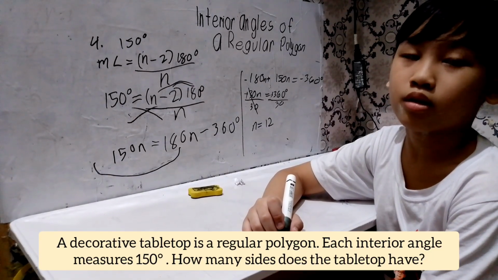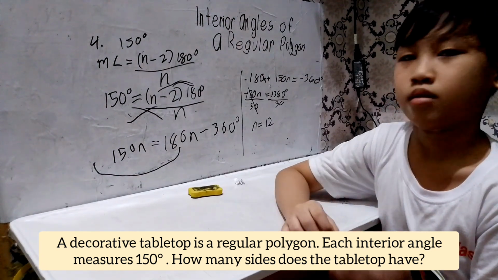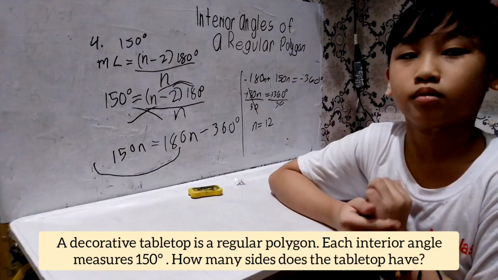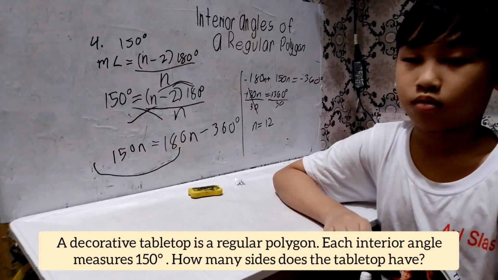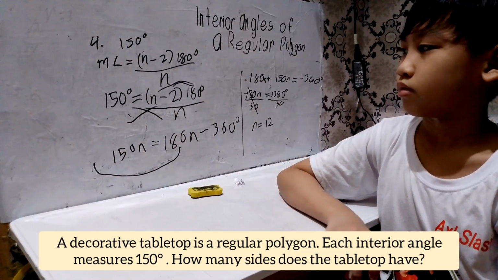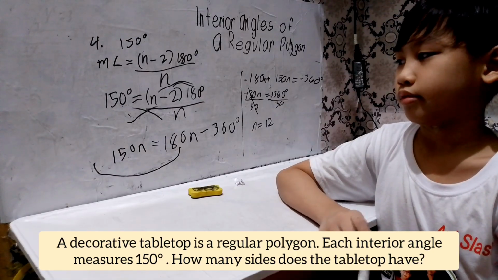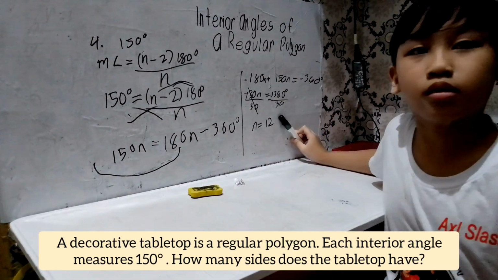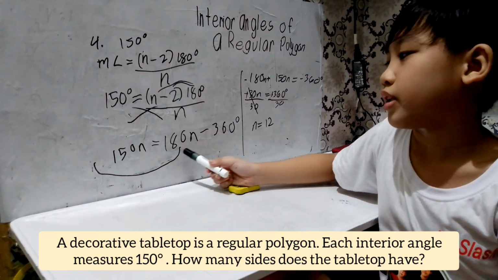So the process is, the formula you use is the measurement of an angle. Since you're given the measurement of each interior angle, 150 degrees, substitute: 150 degrees equals n minus 2 times 180 degrees over n. So you represented n as the number of angles. Then do the cross multiplication. You get 150n equals n minus 2 times 180 degrees.